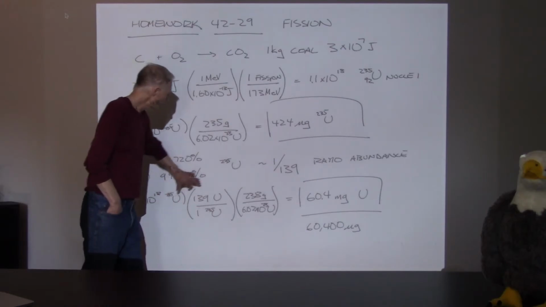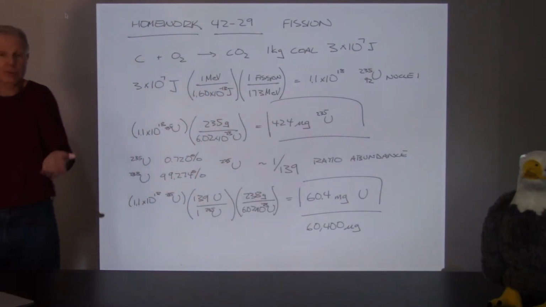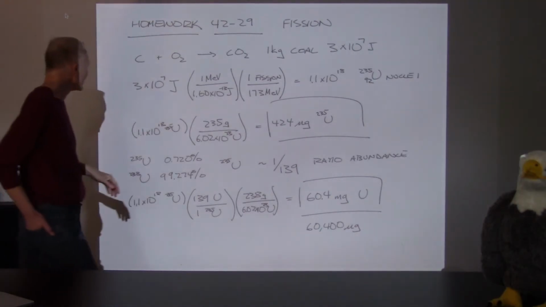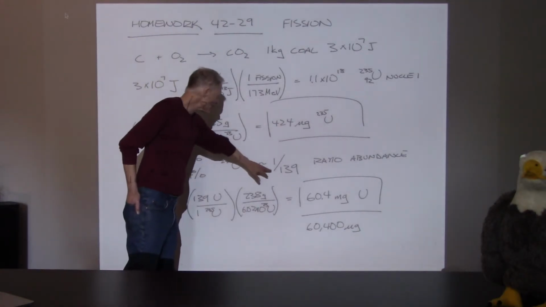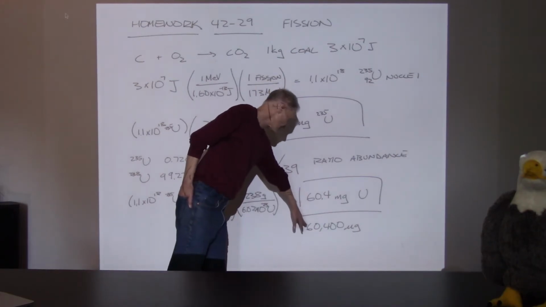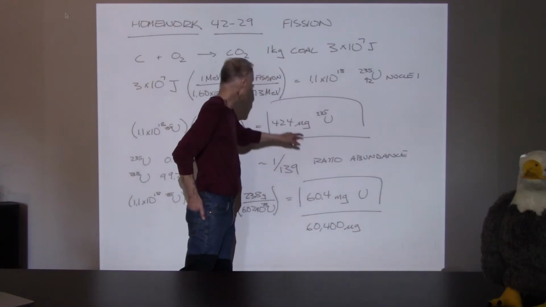That's not quite true, because the average molar mass for uranium is not 235, it's much closer to 238. So I should really use the 238 molar mass, and that shifts things a bit. Anyway, I ended up with 60,400 micrograms of total uranium.